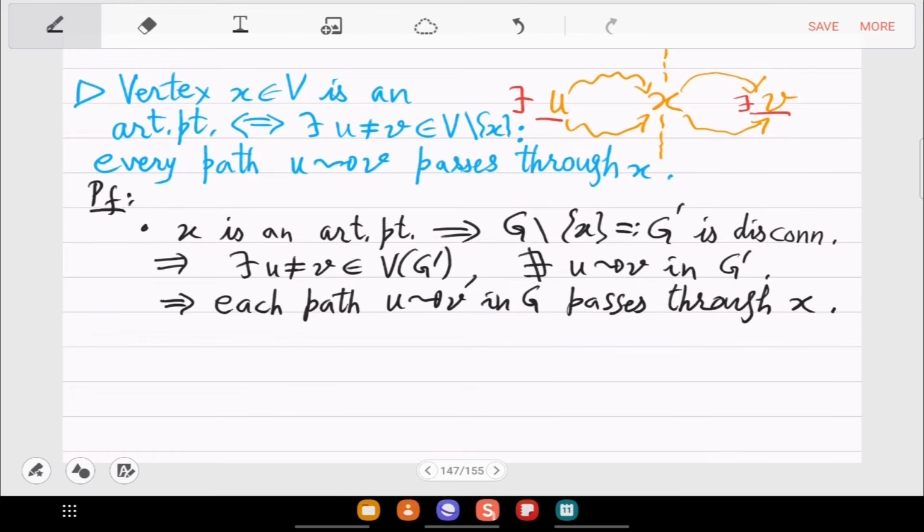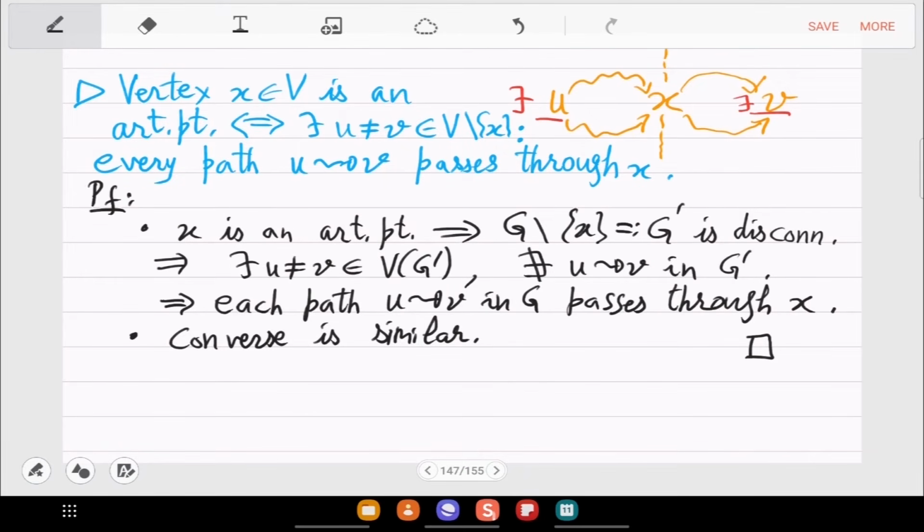The converse is clear, similarly. Is this clear?